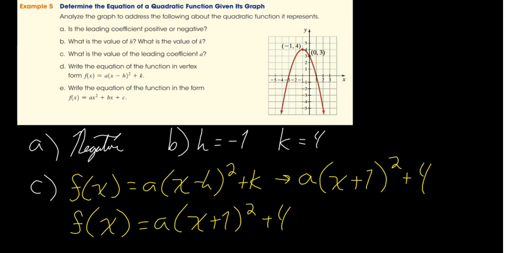Excuse me, I got ahead of myself. If we look at this, we have one unknown. We don't know what the value of a is, but we do know the value of x and what's over here, that's y. How do we know what the value of y is?